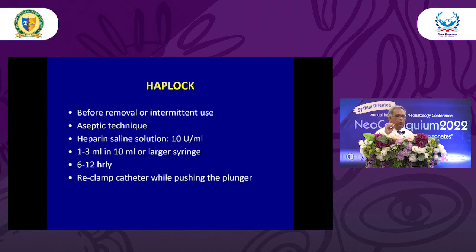Normally you use 0.5 to 1 unit of heparin per ml, but in heplock it is 10 units per ml, and 1 to 3 ml is flushed every 8 hours, and no fluid is given through the long line during that period. Observe it for a day, and if you need to resume using the long line, you can just attach a fluid and it will start working again. But if you have not heplocked it, you will not be able to use the line again. And after a day, if you don't need it, then the line can be taken off.